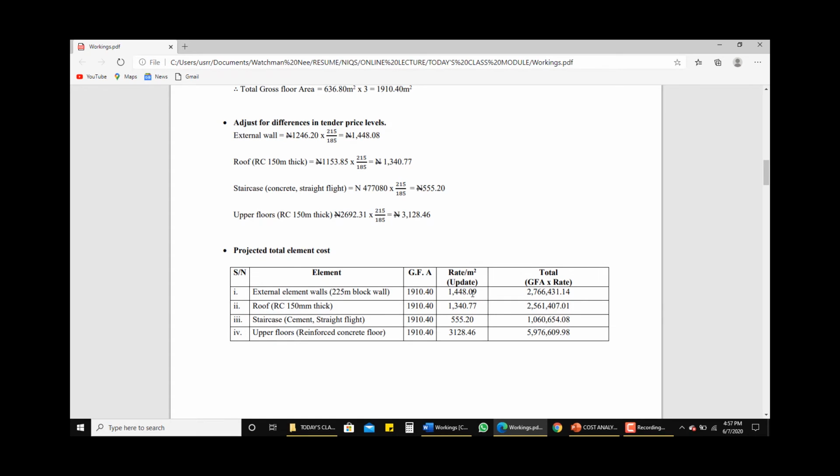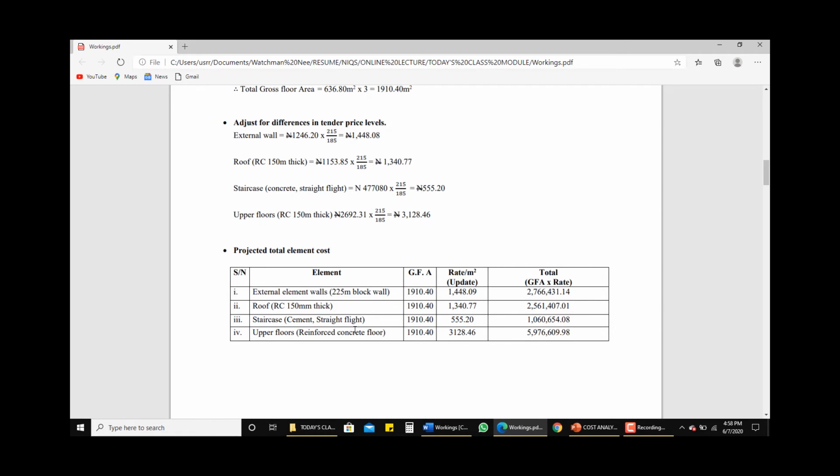So what we just do is multiply it. That's what I said here, that the gross floor area, which is this, is multiplied by the rate. The rate is what we've adjusted here. So we multiply the two together to arrive at the projected total element cost, for the external wall, this for the roof, this for the staircase, and this for the upper floor.